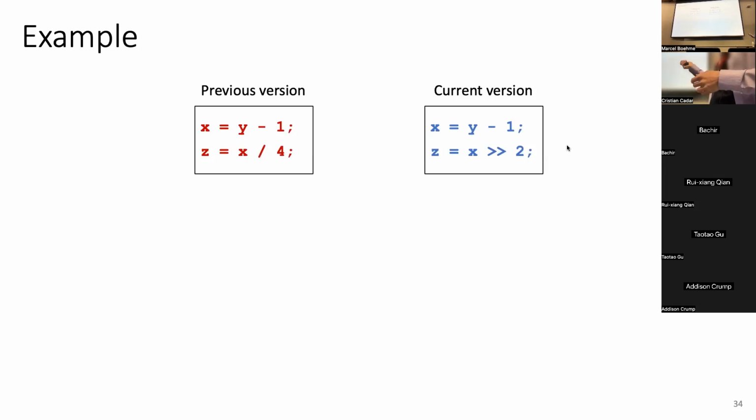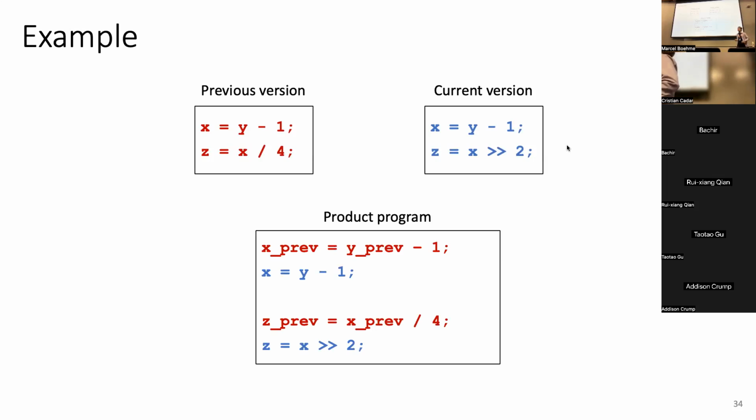So this is my previous version and this is my current version. As you see, I changed z equals x over 4 to z equals x shift left 2. The product program essentially merges these programs and executes the instructions in each program in lockstep. To avoid clashes, we rename all the variables in one program, so in the previous version we just add an underscore prev.